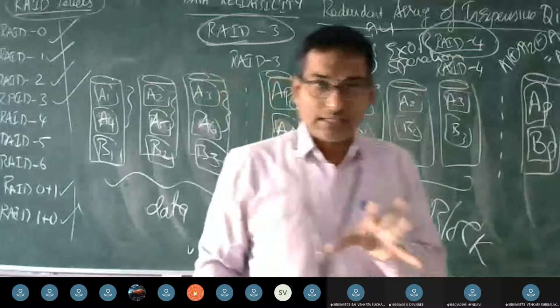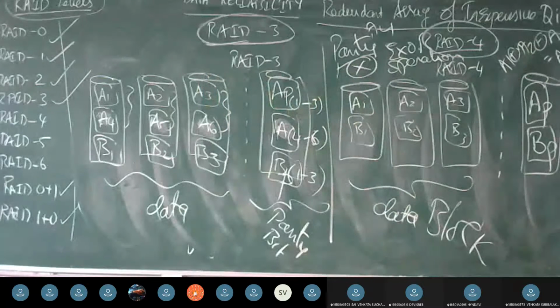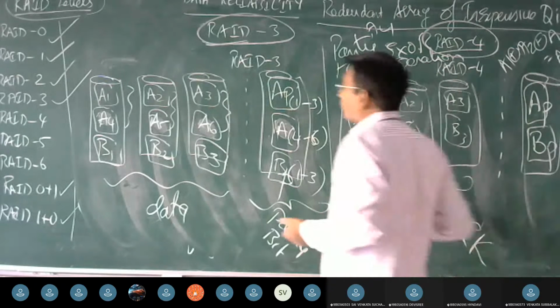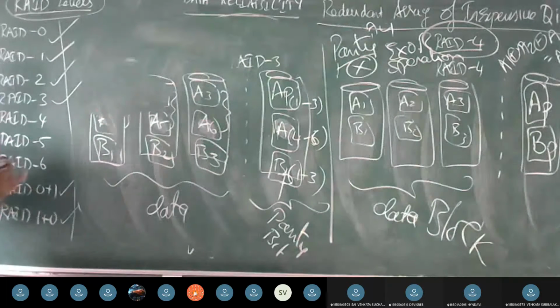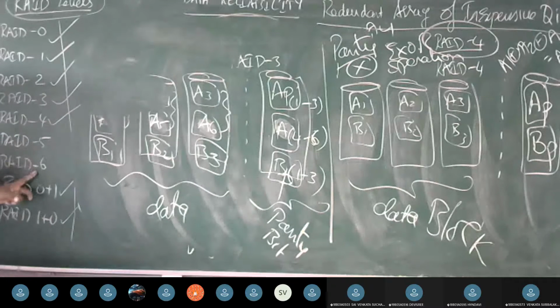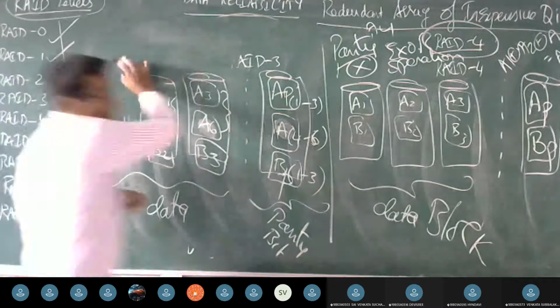So that you should understand as a part of RAID 4 architectures. Fine. After RAID 4, next we do have RAID 5 and RAID 6 architectures.